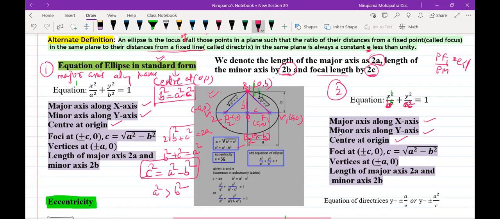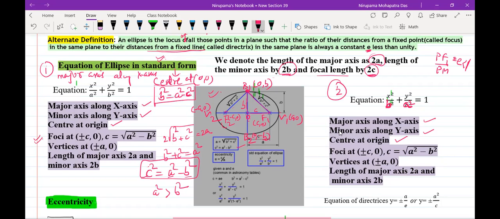I have just shown you, whenever F1 and F2 coincide, I mean the distance between F1 and F2 is 0, it means c equal to 0, right? It means a square equal to b square. So you are getting the ellipse reduced to a circle.